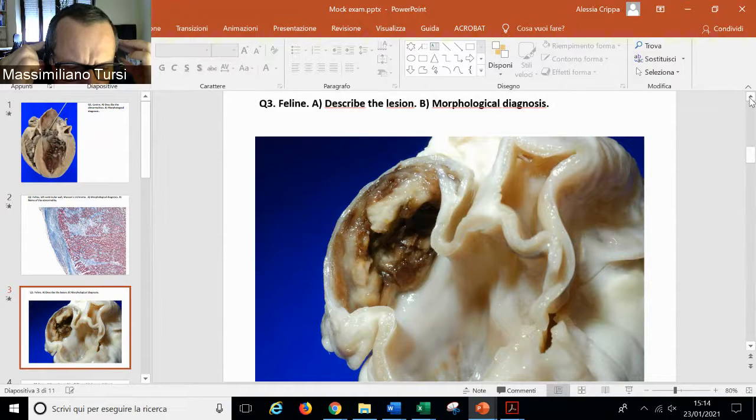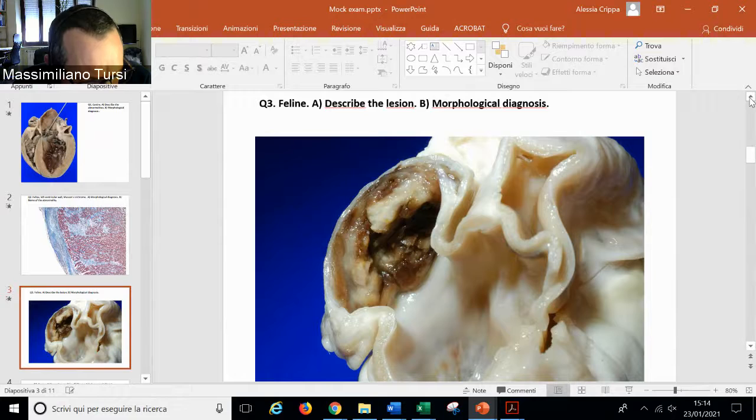There is nothing too significant. It's not a neoplastic infiltration, for example. Also, if you recognize the thrombus, there may be inflammation of the wall and of the endocardial layer, but otherwise there is no visible alteration of the wall.